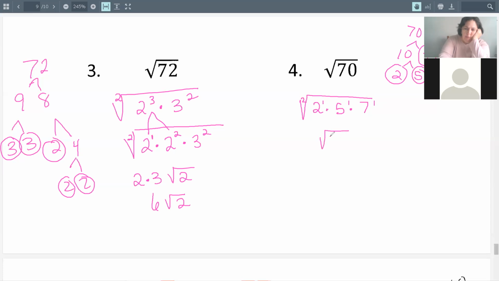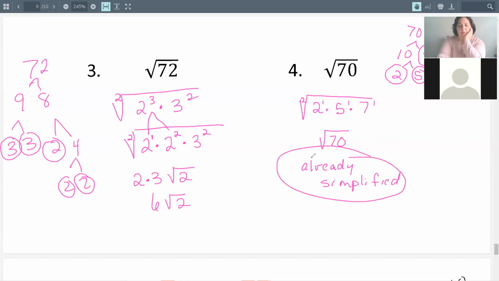So in that case, the square root of 70 is already simplified. And if you get any like this on your homework, you must write the words already simplified so that I understand, you know, that the indexes and the exponents are not matching. Radical 70 is in lowest terms.